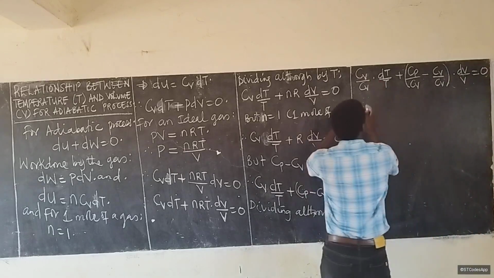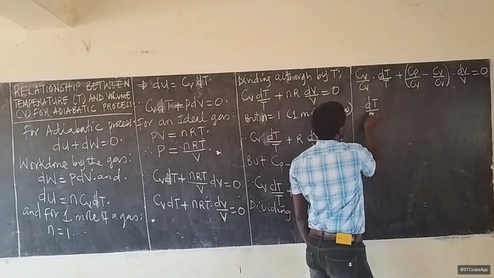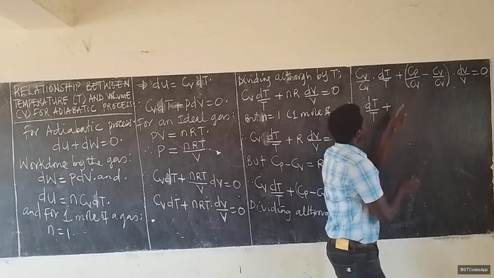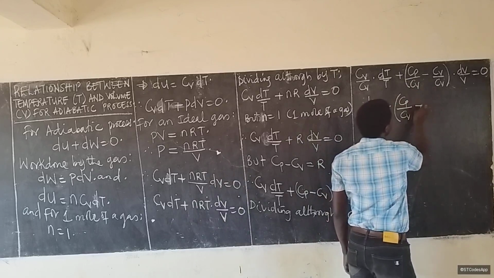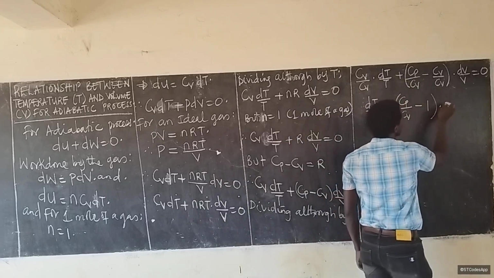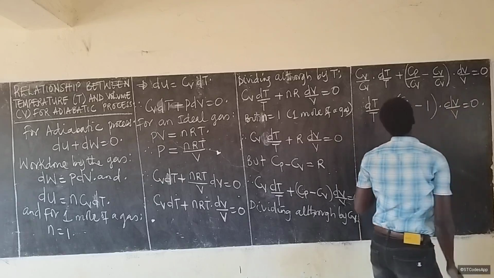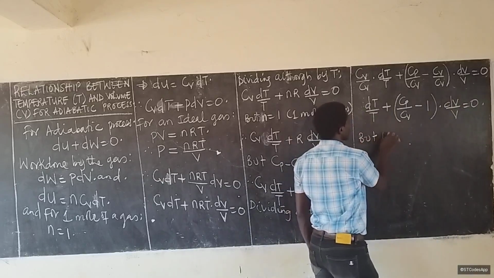So this one cancels, and I'll have dT over T plus Cp over Cv minus 1, times dV over V, equal to 0.